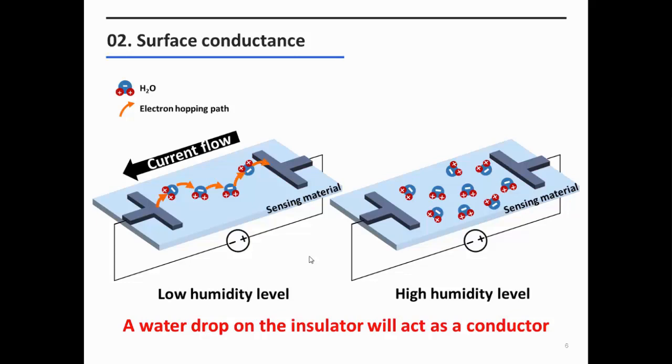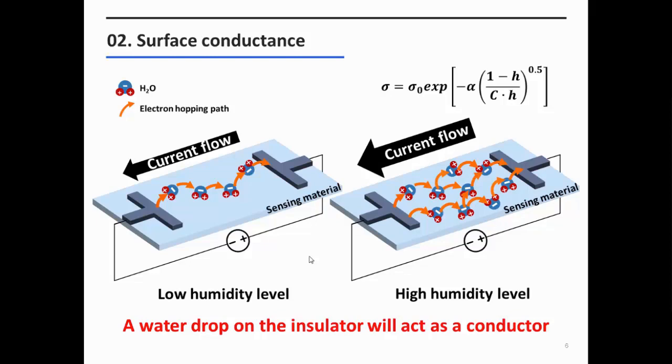So, if a voltage is applied to two electrodes, then current will flow through the surface of the SiO2. And the surface conductance has an exponential relationship with the relative humidity. So, if a constant voltage is applied to the two electrodes, then current will increase as the relative humidity increases.